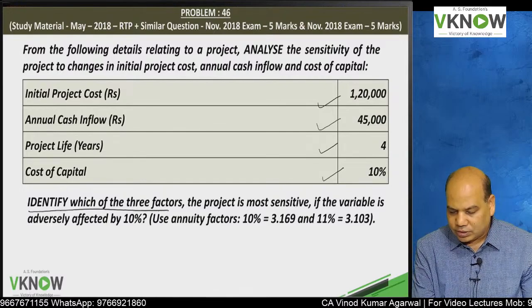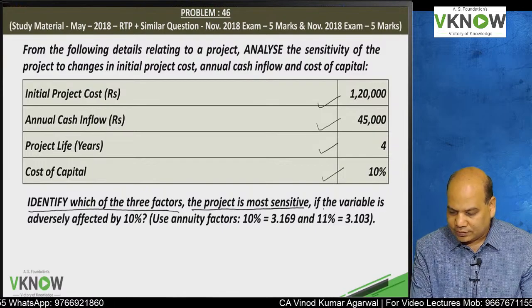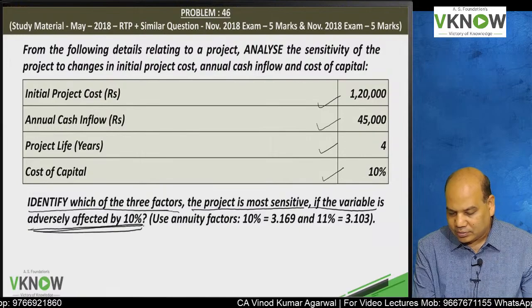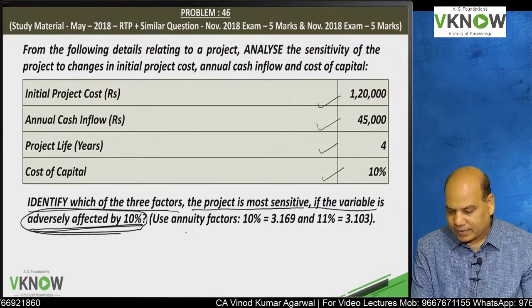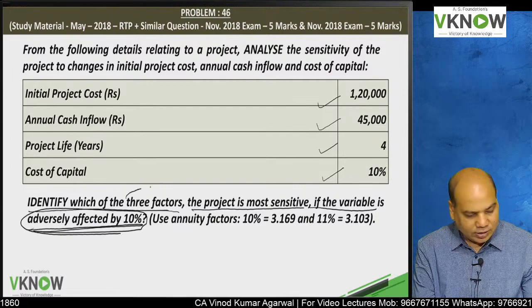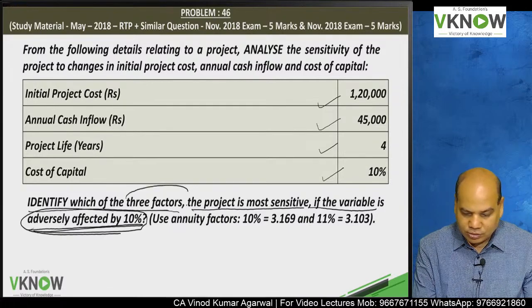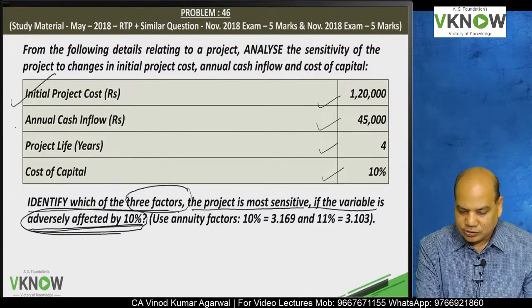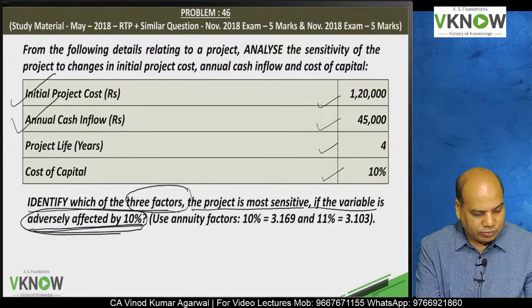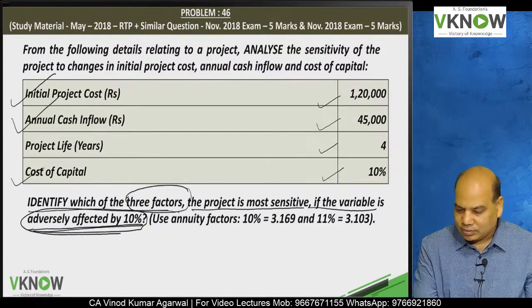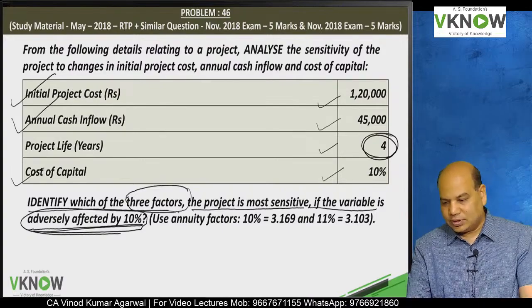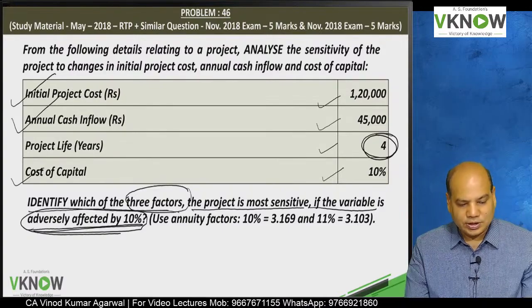Identify which of the 3 factors the project is most sensitive to if the variable is adversely affected by 10%. We are going to take initial project cost, annual cash flow, and the cost of capital. We will keep the life of the project at 4 years constant.